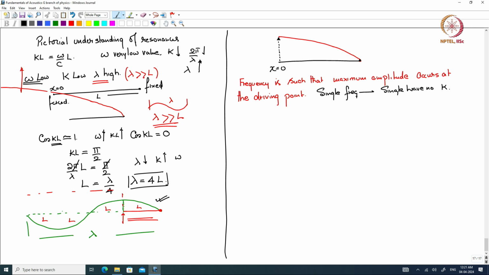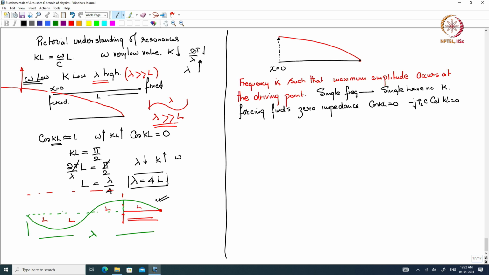That means what? The forcing finds 0 impedance, right, cos KL is 0. That means my minus j rho L C cot KL is 0.